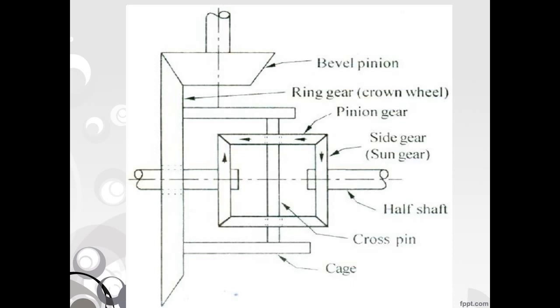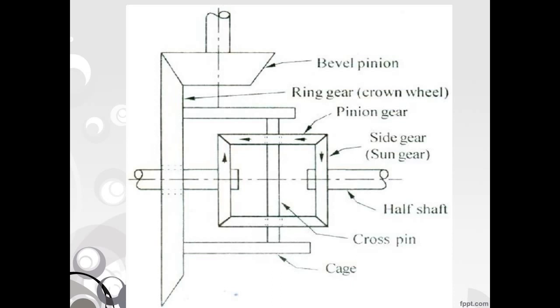But when the vehicle takes a turn, the cage continues to rotate and pull both pinion gears around the cross pin. The outer wheel must turn faster than the inner wheel, and for this to happen, the outer axle side gear has to rotate faster than the inner axle side gear.